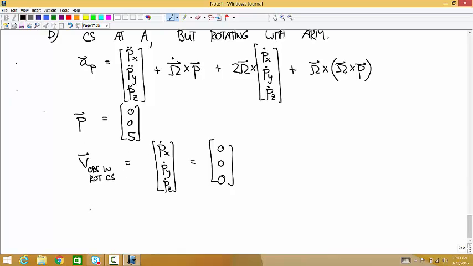And so what's the acceleration observed in the rotating coordinate system? That's also 0. And that's the component's double dot.